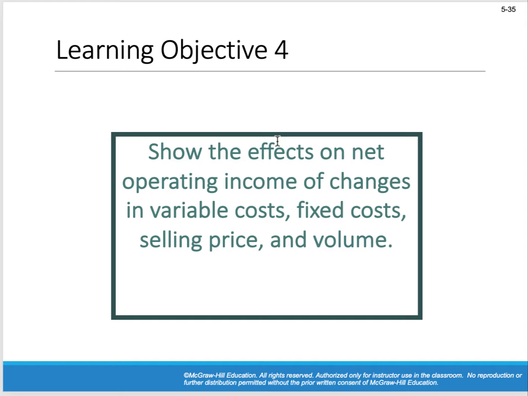We also talked about the contribution margin ratio, a very important starting off point when we do CVP analysis, and we saw how to calculate that. So in this video, we're going to run through some scenarios, and we're going to see how we can determine effects on net operating income that result from changes in variable cost, fixed cost, selling price, and volume.